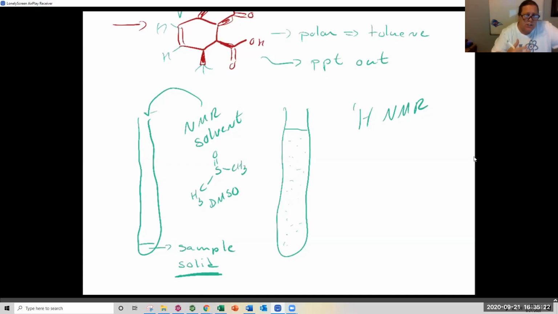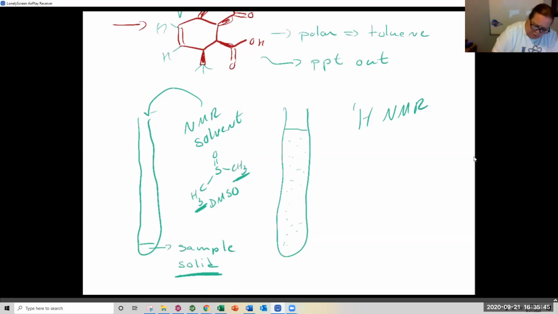If I were to just use a regular solvent, you wouldn't see your product, because the hydrogens from your solvent would blind out the hydrogens from your compound. The analogy I always use is, if I were to take a flashlight up to the sun and turn it on, would you be able to see me? No, you wouldn't.